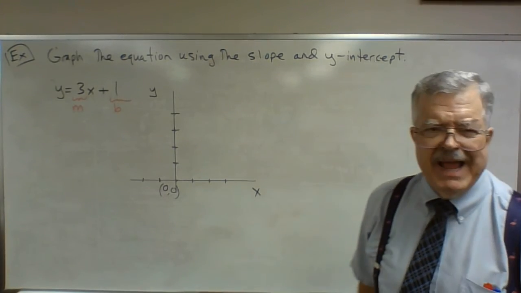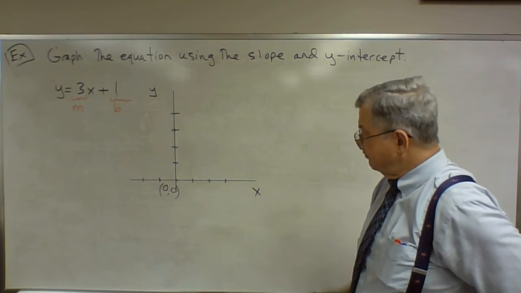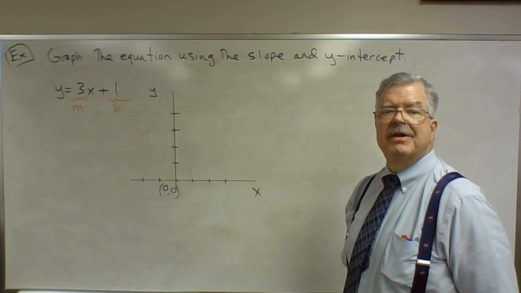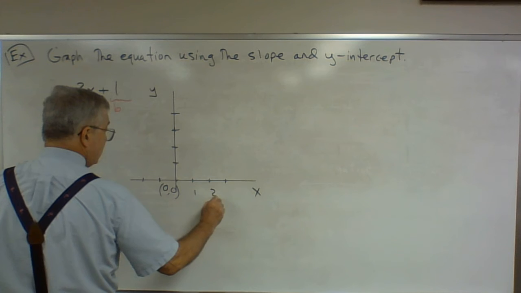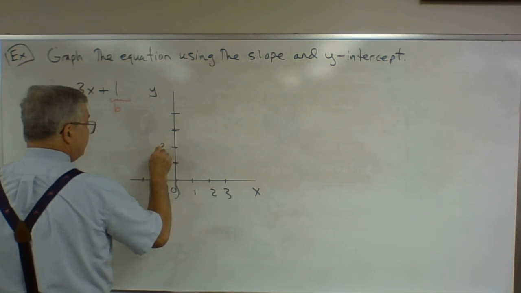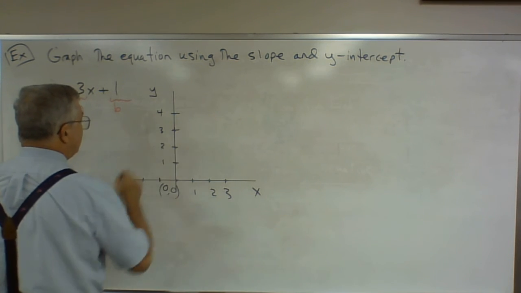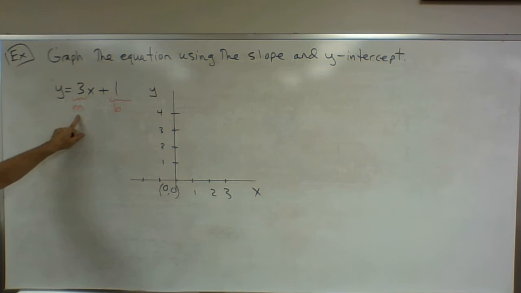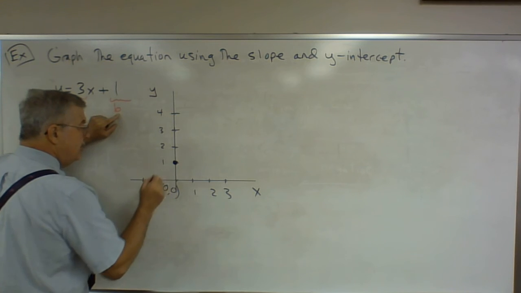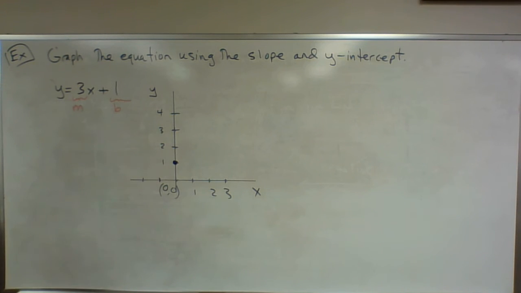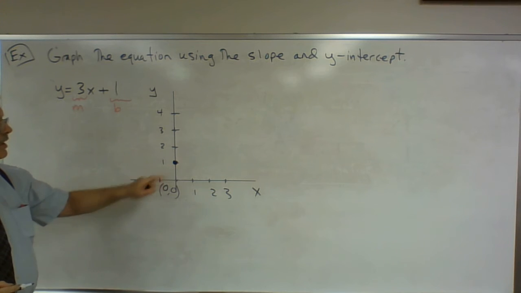Okay, I think I got my act together now. We have the XY coordinate system plotted, and we have an equation in slope-intercept form. First thing we do is just plot the y-intercept. We have one point on the graph.